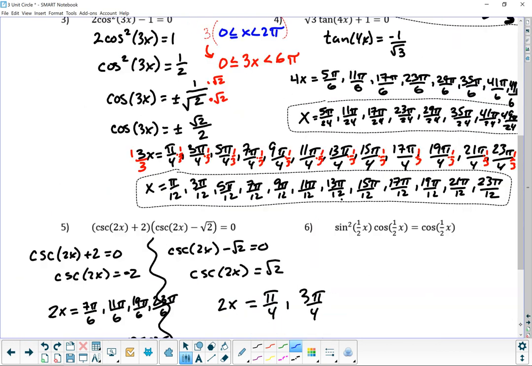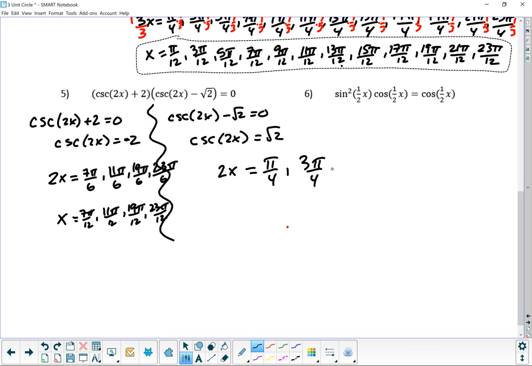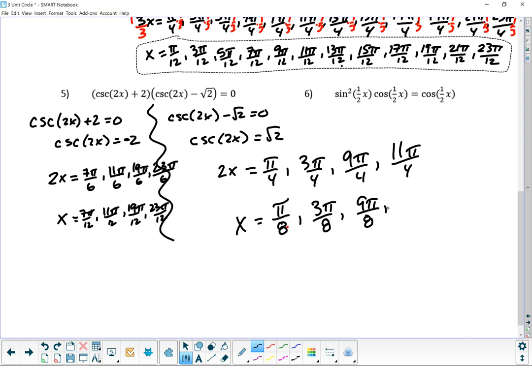So to finish it off, 9 pi over 4 and 11 pi over 4. Okay, and then to solve for x, multiply the bottom part of the fraction by 2, so the final answer is pi over 8, 3 pi over 8, 9 pi over 8, 11 pi over 8.